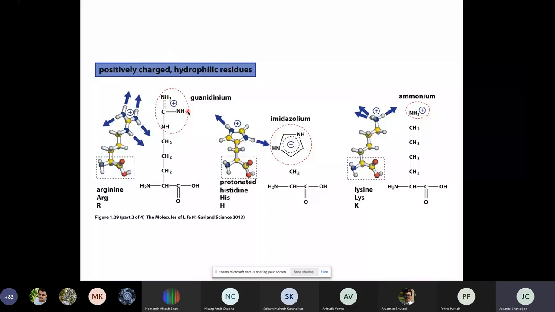Likewise, arginine can also engage in hydrogen bonds with this NH and that NH, right? Hydrogen bonds involving this NH2 and that NH2 are called end-on hydrogen bonds, and those involving this NH and that NH are called side-on hydrogen bonds.